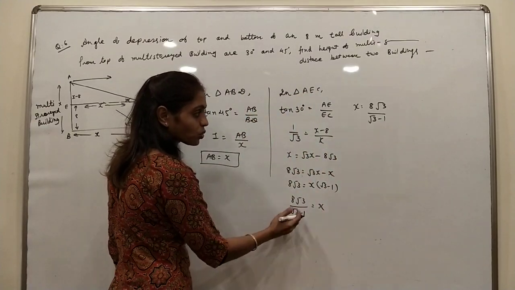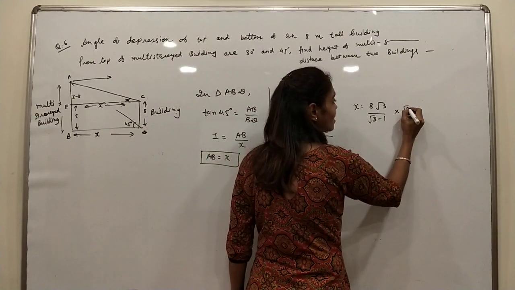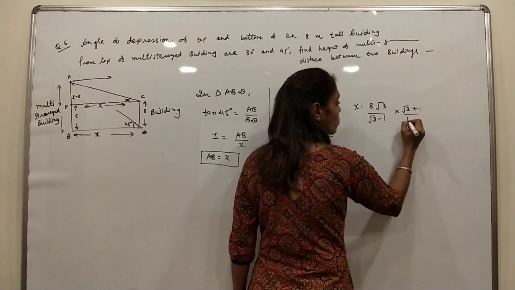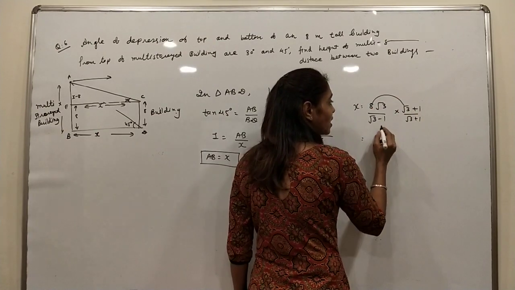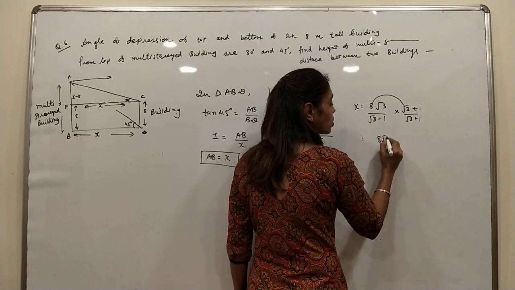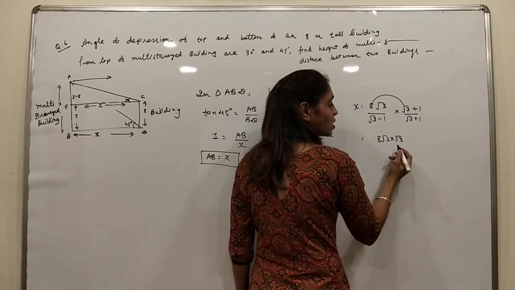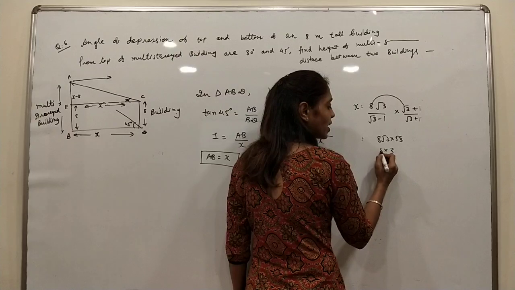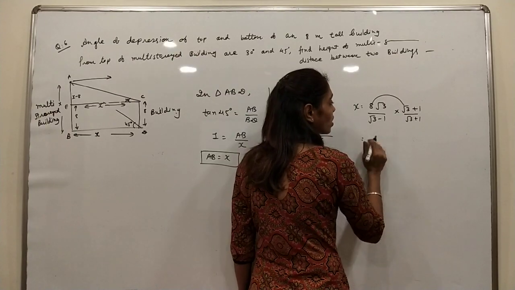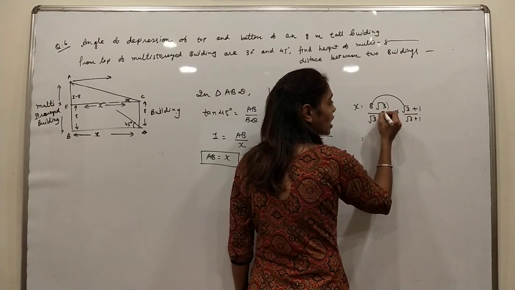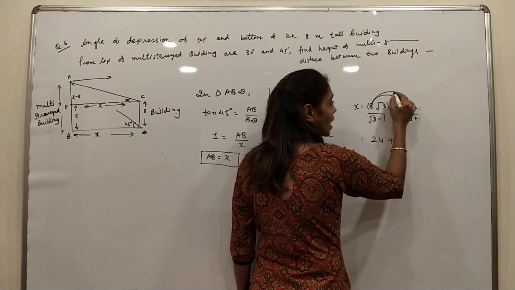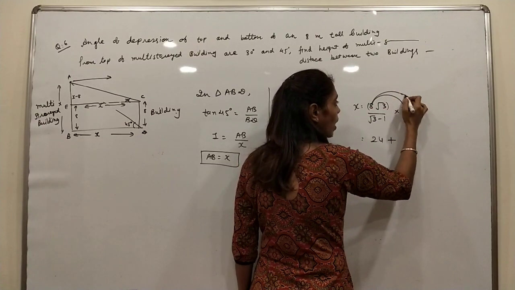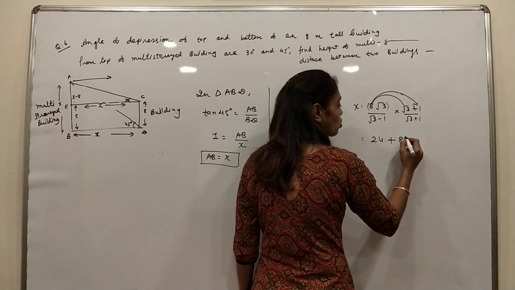Rationalize it, as in standard 9: multiply by root 3 plus 1 upon root 3 plus 1. Now multiplication inside: 8 root 3 into root 3, root 3 into root 3 is 3, 3 into 8, 8 3s are 24. So 8 root 3 into root 3 is 24 plus 8 root 3 into 1, so that is 8 root 3.